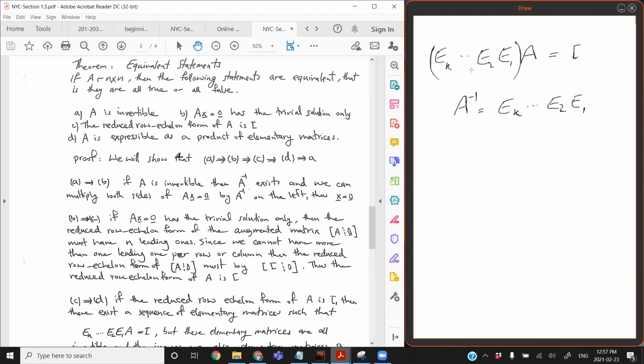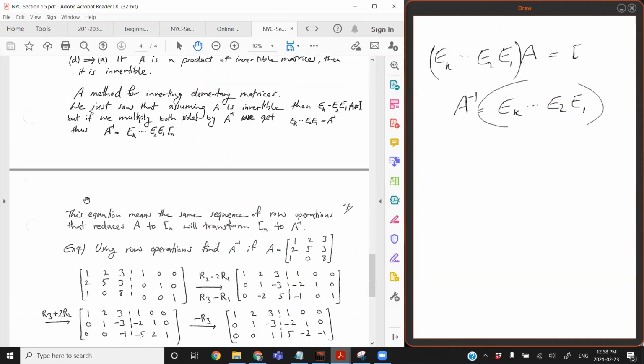So this matrix that is inside brackets is actually A inverse. That gives us a method of finding A inverse.